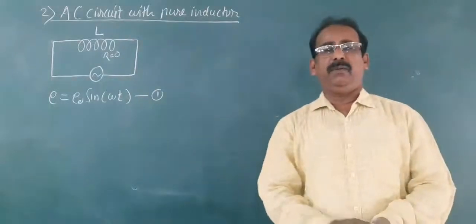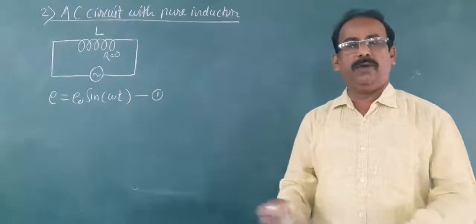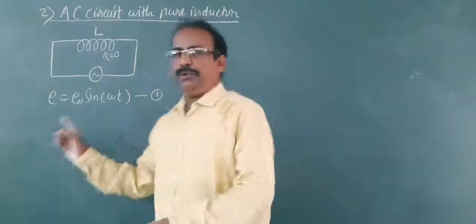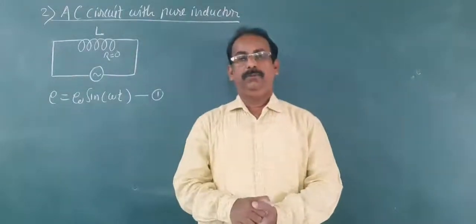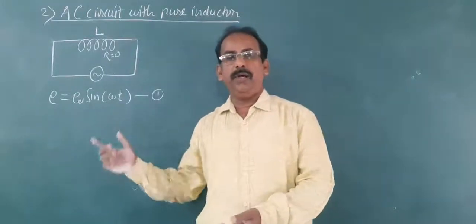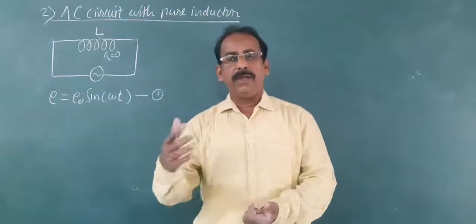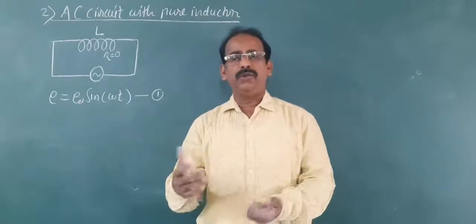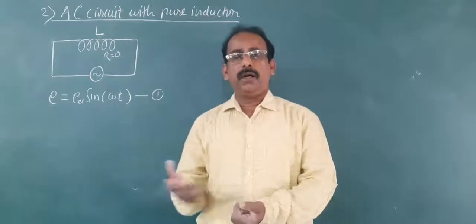Due to this EMF, current is produced in this circuit. As EMF changes with respect to time, current also changes with respect to time. The current is alternating current.